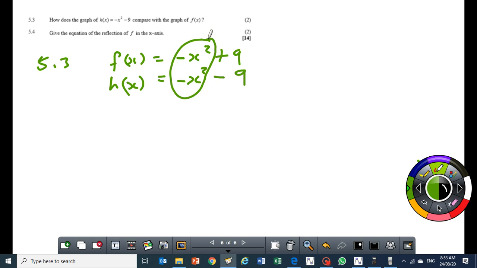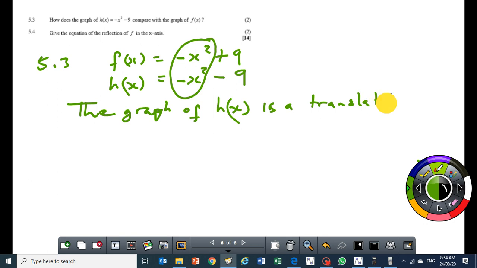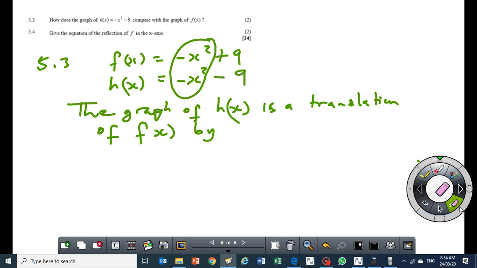Okay, so you write here the graph of h of x is a translation of f of x by 18 units downwards.